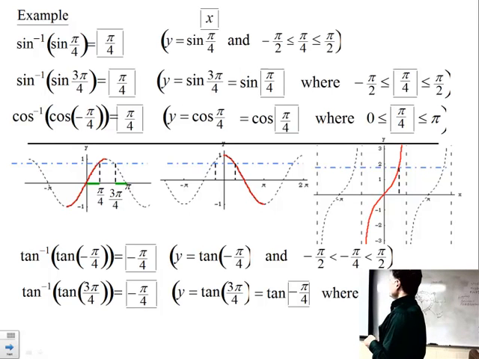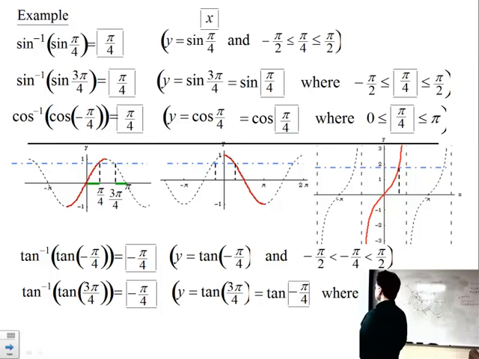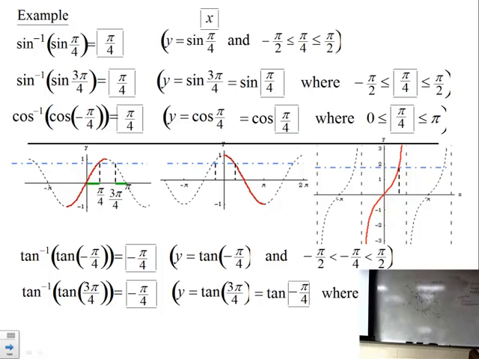If you take an angle, there's no animation here, so we'll just have to step through it. You take an angle, say pi over 4, and you take its sine, and then you take the sine inverse. You would expect those two things to cancel, right? And so you'd just be left with pi over 4. And that's true sometimes.